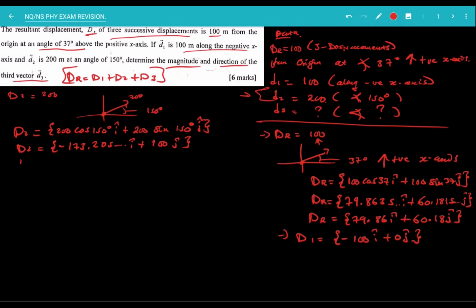Rounding this off to two decimal places, this will give you minus 173.21 in the i plus 100 in the j. Then we also need d3. We don't know what d3 holds, so we'll just say d3 is x in the i plus y in the j.